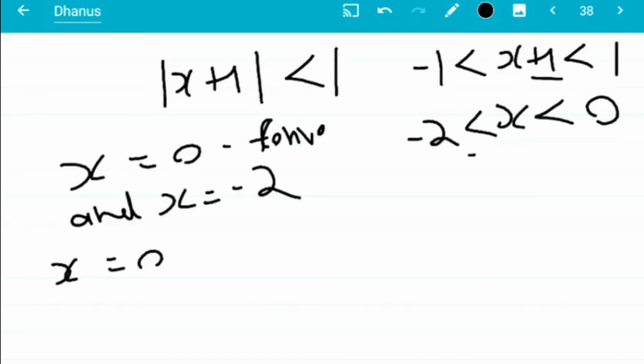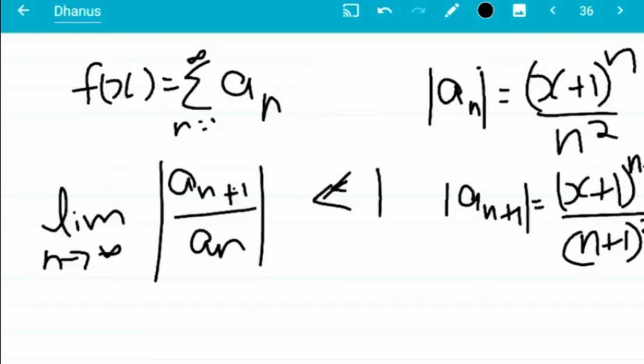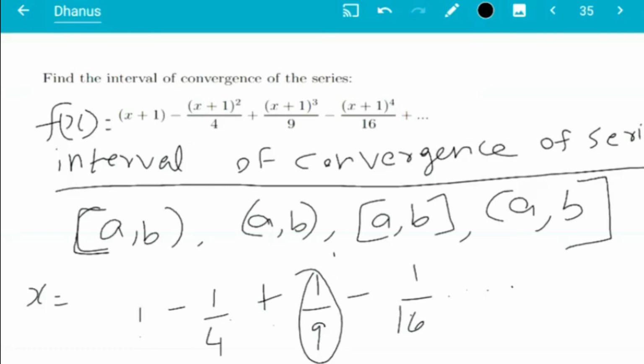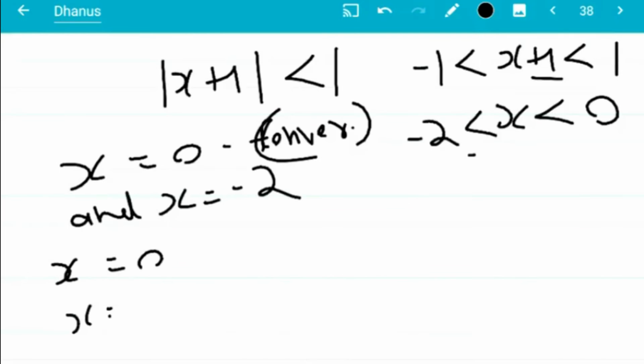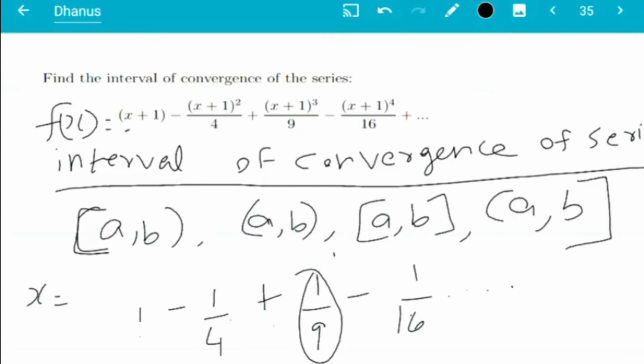And at x equal to minus 2, the first term will be minus 2 plus 1, that will be minus 1. Next term will be (minus 2 plus 1) square by 4, that is 1 by 4.